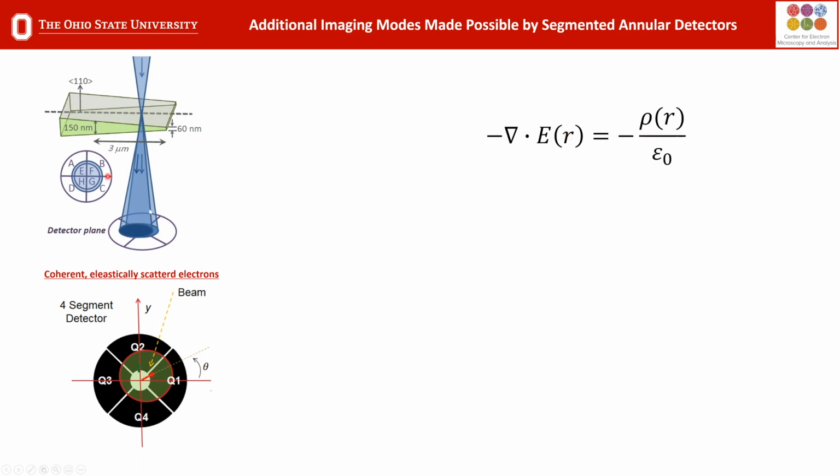What we're doing when we scan the probe over the sample and we collect this DPC pattern or this dark field pattern is we're looking to define a value for E sub r. If you believe me that E sub r is proportional to the intensity in the center of mass, which I'm saying it is, then this intensity based on the center of mass is proportional to the DPC signal, right?